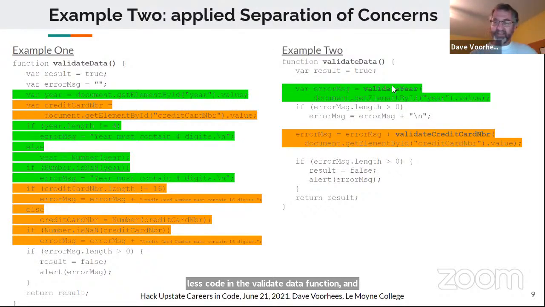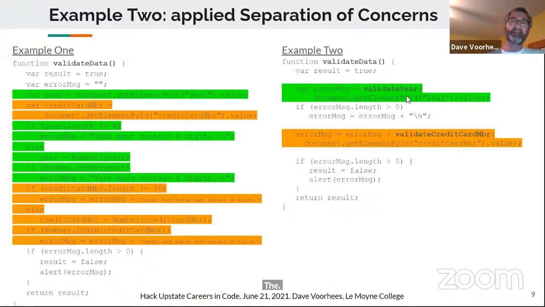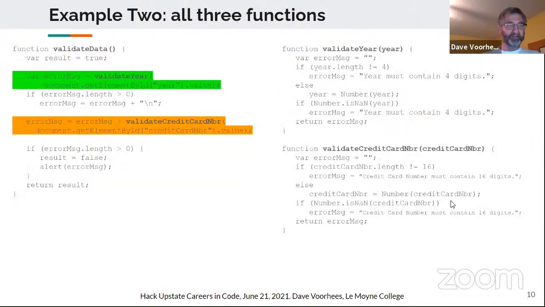And the other thing you can see is that we are calling a function called validate year and a function called validate credit card number. And we are simply passing to it the value from the appropriate text box using the document object. So let's move on.